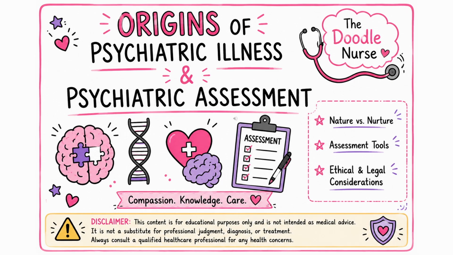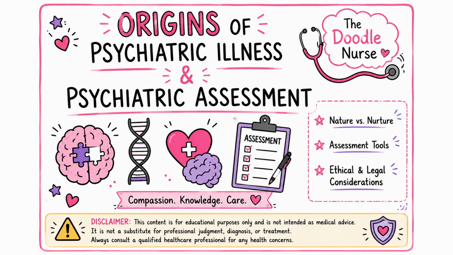Today we will be talking about the origins of psychiatric illness and the foundations of psychiatric assessment. Understanding mental illness requires more than simply memorizing diagnoses and medications. As future psychiatric providers, we must understand the many factors that influence mental health and how those factors interact throughout a person's life.